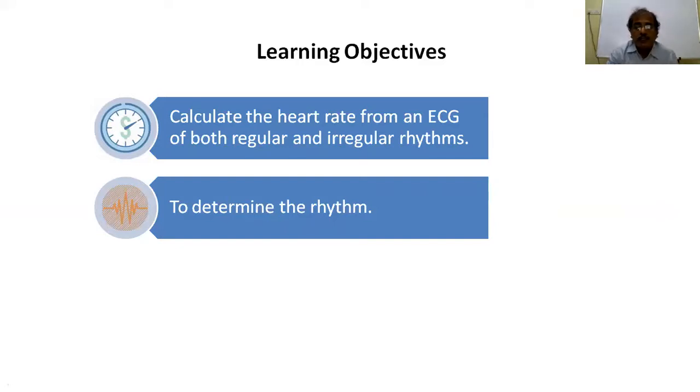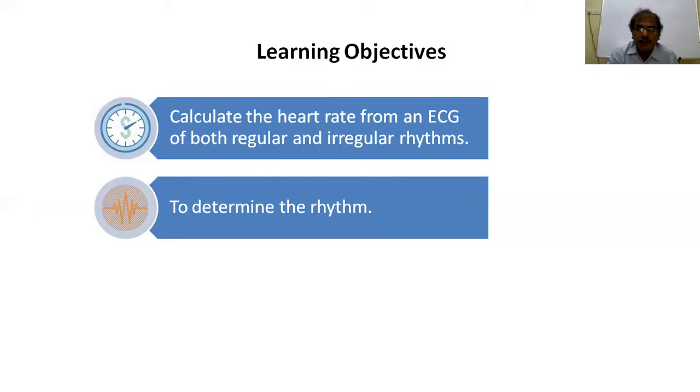See, in practice, we have to look at the rhythm first rather than calculating the heart rate. In most books, you will find that the first step in interpreting the ECG is the heart rate. But what I suggest is that the first thing to look for in the ECG is the rhythm.